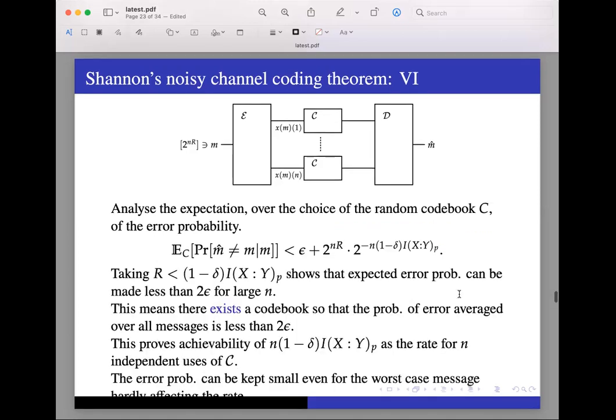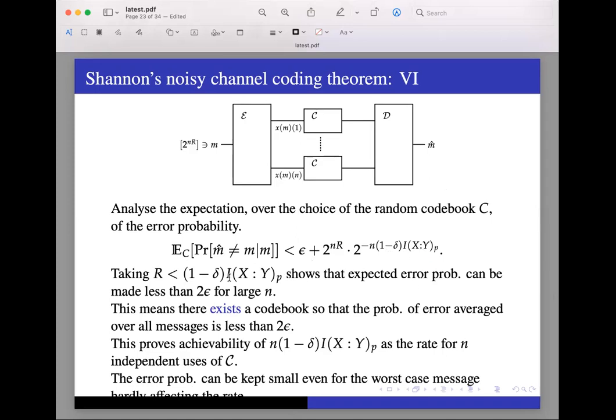Okay, so let's go ahead and finish this analysis. We are analyzing the expectation of the decoding error probability, and we upper bounded it by this expression, as you saw.